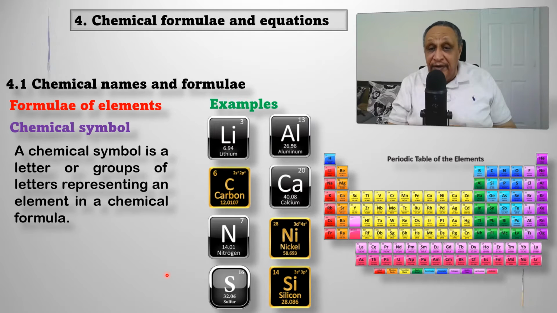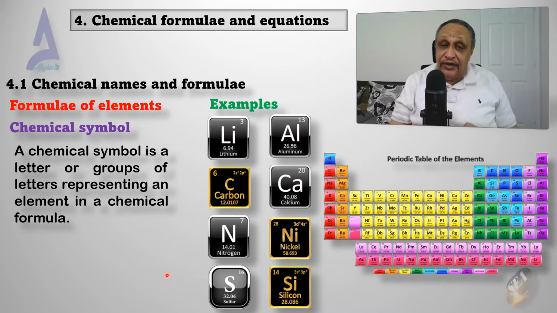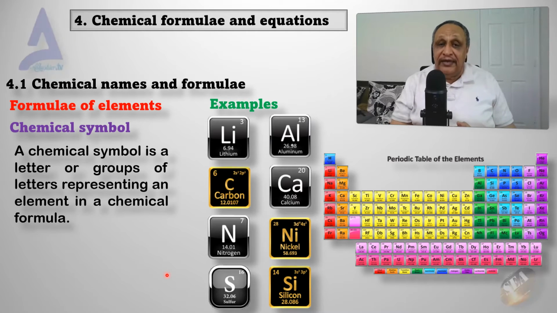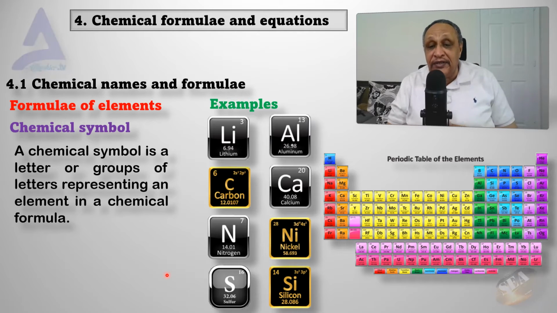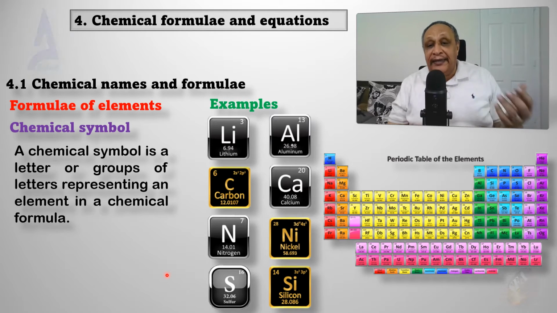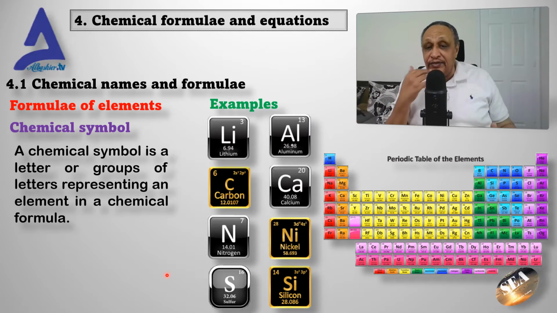It is very, very important to understand these things. It is not easy, but we have to do that. Also, we have other ones that have two letters, like aluminum, Al, and lithium, Li, because there are others that start with L or A.